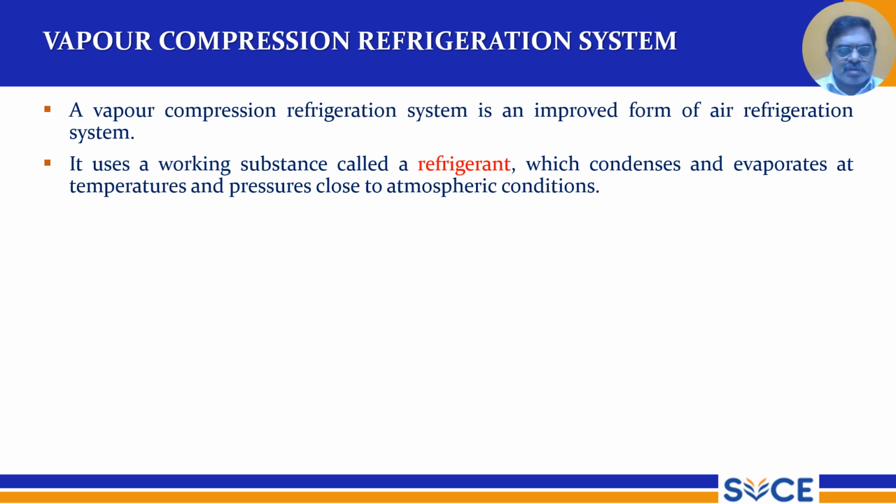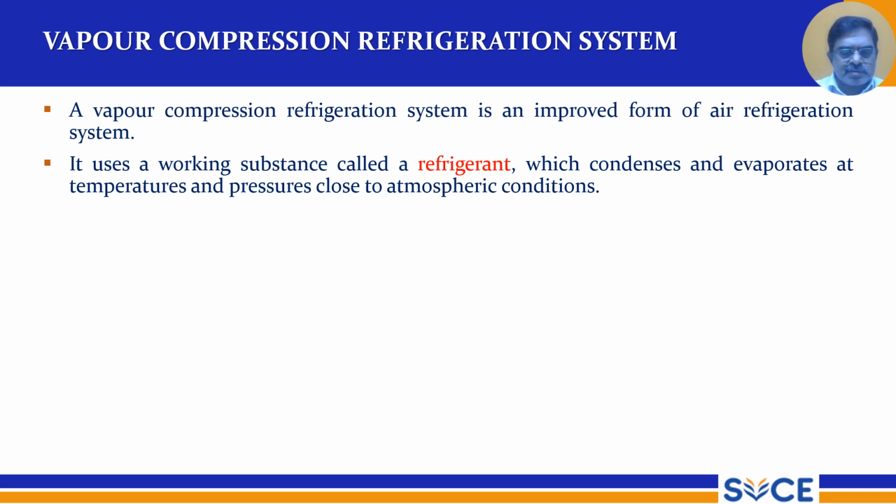It uses a working substance called refrigerant. Refrigerants we have seen in the last unit, that was the last topic, where different refrigerants were discussed, along with their advantages and disadvantages. Nomenclature and classification of refrigerants we have also discussed in the earlier unit itself.